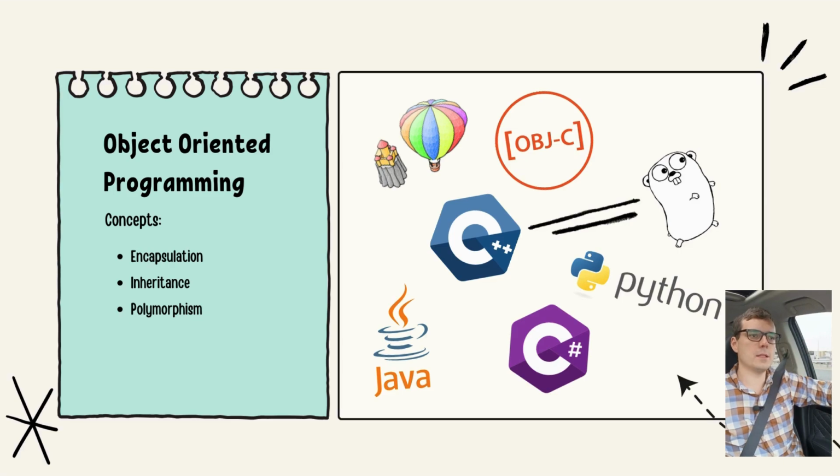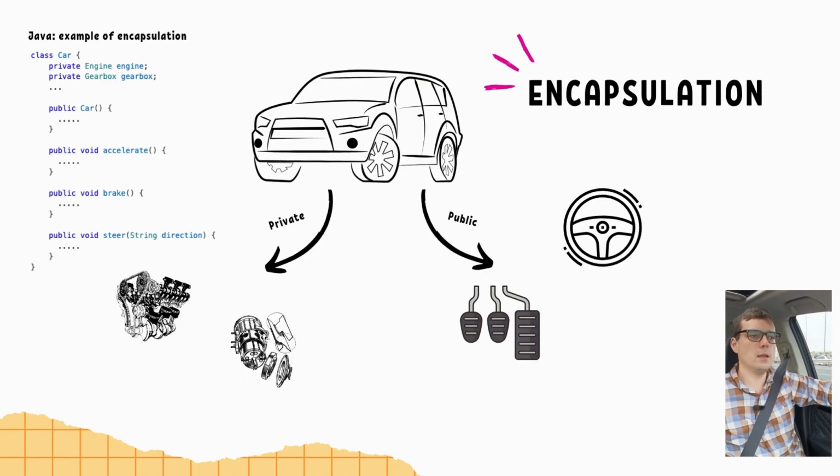We will start from encapsulation. Encapsulation is about hiding the internal implementation of classes and making available for external use only externally shared methods or data. If we think about encapsulation, it's like a car.